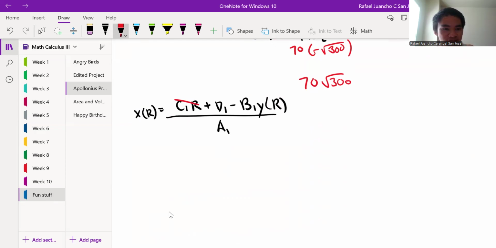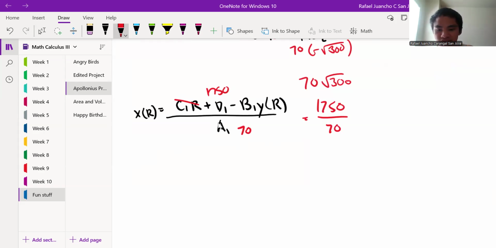B1 is 1750. I didn't know it was that big of a number. B1, I think my B1 was a 0, so I just ignore that. And then my A1 was 70. So I have 1750 over 70.